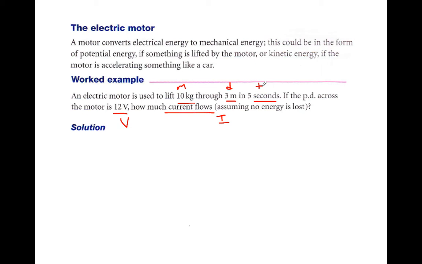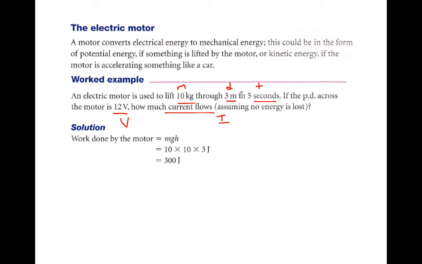How are we going to solve this? It's actually not that hard. You just have to remember that you have to think about things that we've talked about in previous chapters. We can figure out the work done or the energy used because we know potential energy, something being lifted. We know mgh, m, which is 10, g, which is 10, and h, which is 3. So if you do that, bang, bang, we get 300 joules of energy.